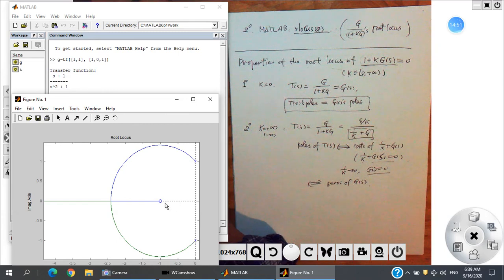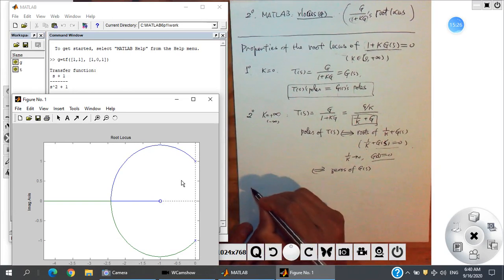These two curves are the whole locus, and they contain the PZ map of G as part of it. The crosses correspond to k equal to 0, and the circle corresponds to k equal to infinity. So you can think of the cross as the start and the circle as the end of the root locus.